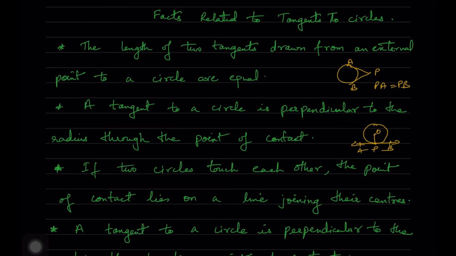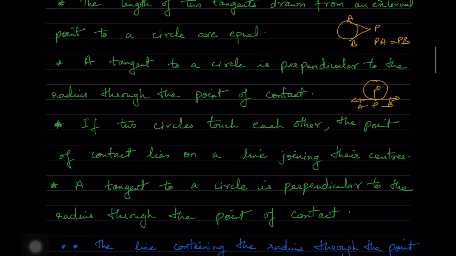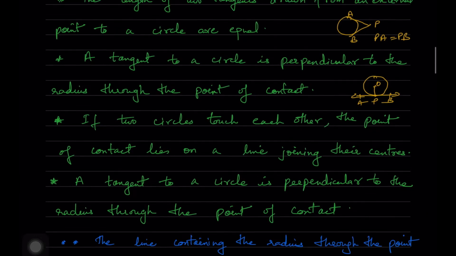If two circles touch each other, the point of contact lies on the line joining their centers. If you have two circles, the point of contact will be on this line which joins their centers.